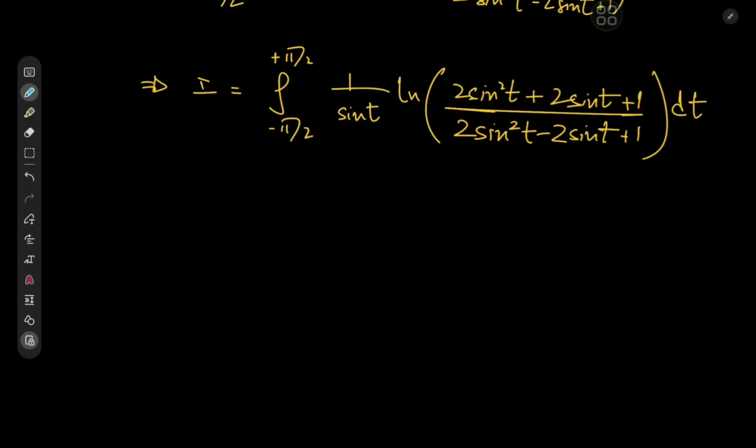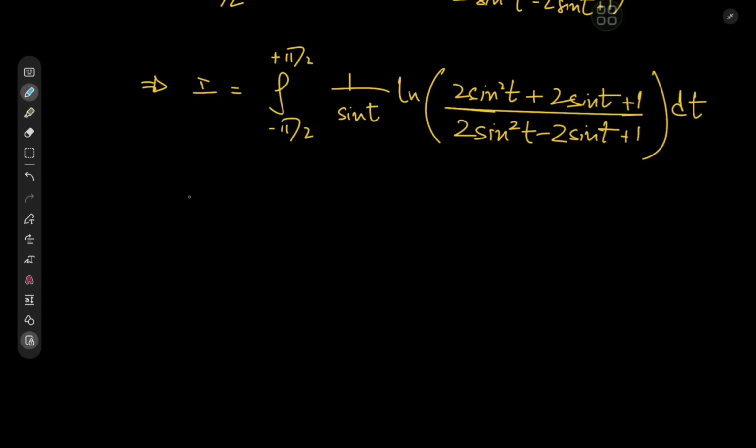Well, one big hurdle for me here is the fact that I have to keep reading out the argument of this log function. But we notice something about it. We notice that we have similar looking quadratic polynomials in sine of t upstairs and downstairs. And we could do with a factorization.